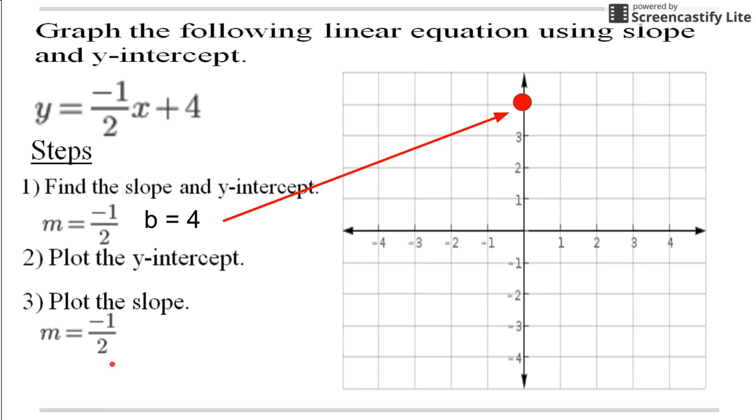Well, my +2 can tell me to either go left or right. Because it's positive, I'm going to go right. So I'm going to move down 1 and to the right 2. So I'll start here, down 1 to the right 2. So that would be my new point.